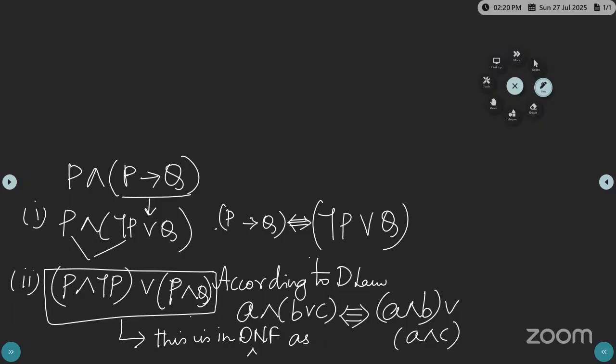So in between the variables there is 'and', and between the sum of variables there is 'or'. Is this clear? Next problem you have to do.